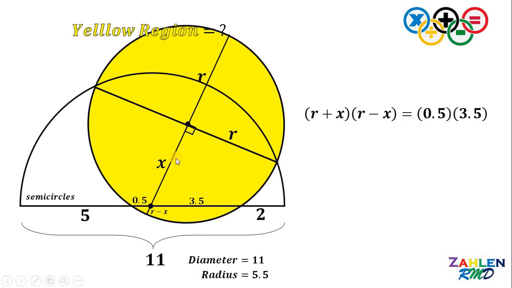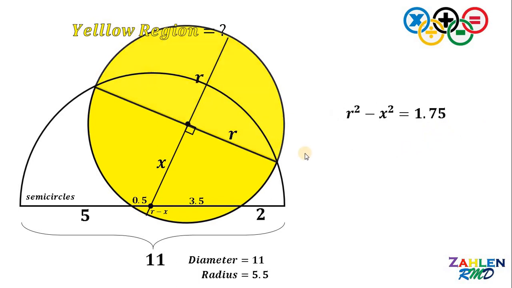Simplifying, the left-hand side becomes R squared minus X squared, and the right-hand side, 0.5 times 3.5, gives us 1.75.